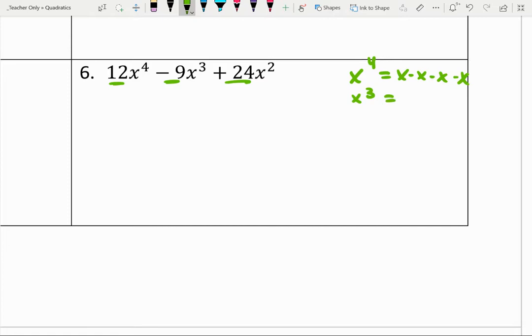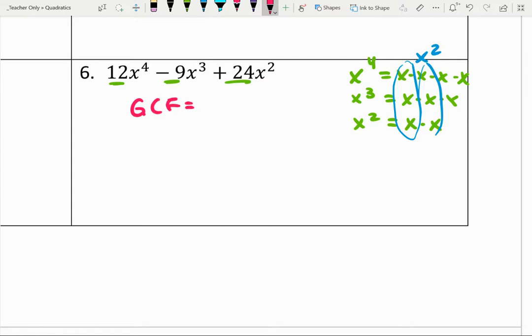X to the 3rd is x times x times x. X squared is x times x. And so it looks like all 3 terms have x and x, or x squared, in common. So our greatest common factor here will be 3x squared, because 3 is the numerical greatest common factor, and then x squared goes to the variable.